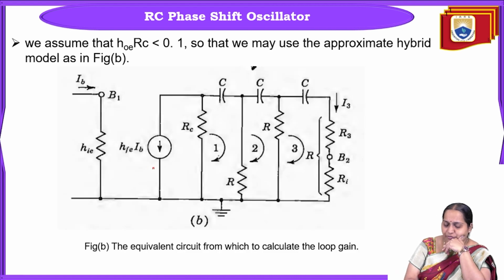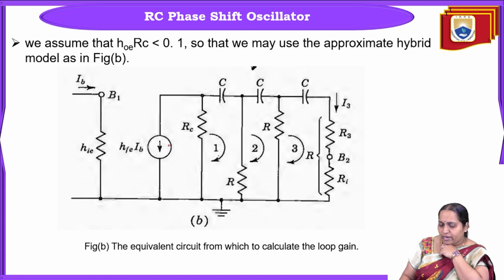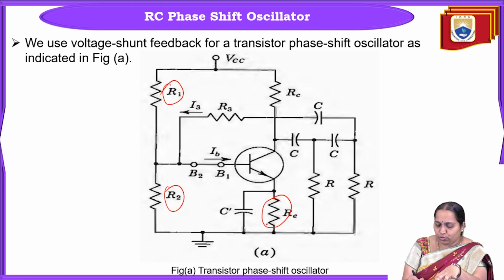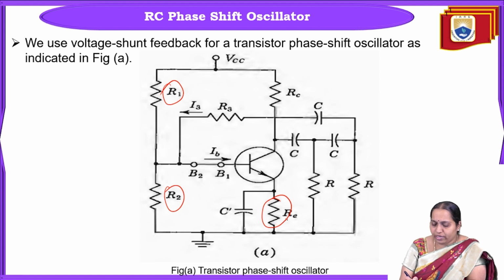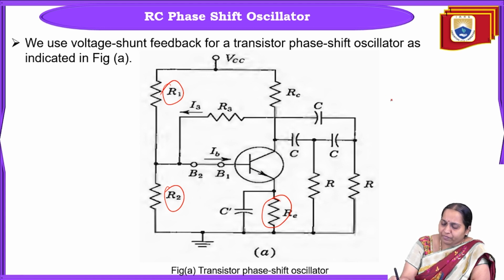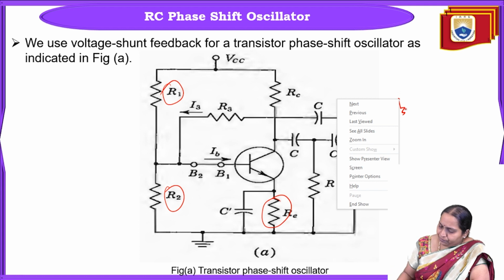hie, hfe, IB. hoe is ignored, so I'll just have hie and hfe. And the remaining three sections are RC, then CR, CR, CR. Here R1, R2, RE are ignored. Then this transistor can be represented by just hie.